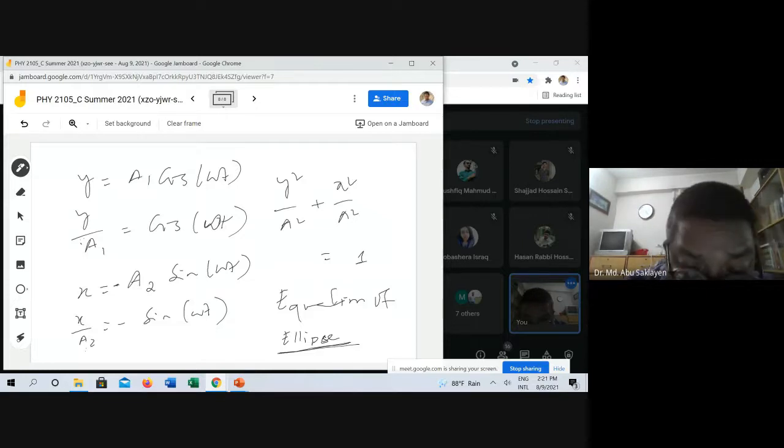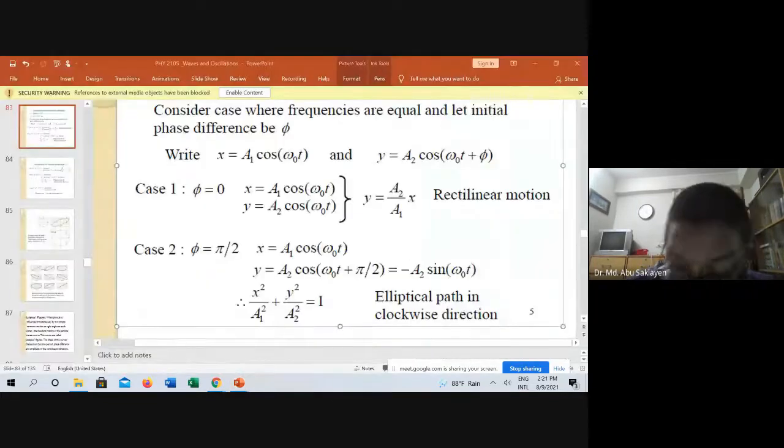And the movement of the particle will be clockwise like this.